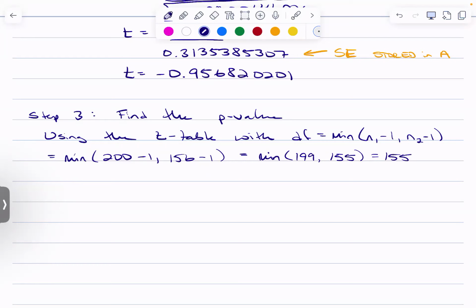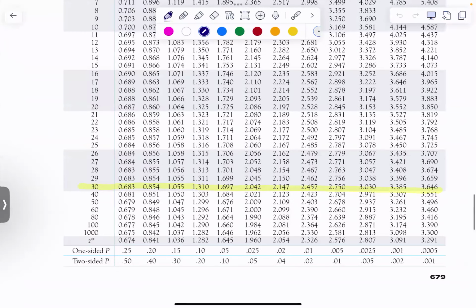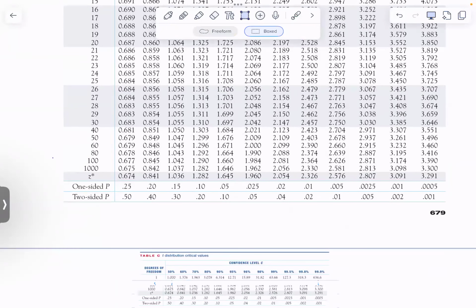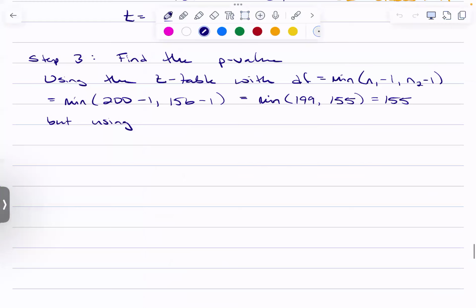So I have to say, but using, I'll grab the table. 155, 80, 100, 1000. I have to use 100 degrees of freedom. Oops. Helps if I include the 100. But using degrees of freedom equal to 100 on the table.